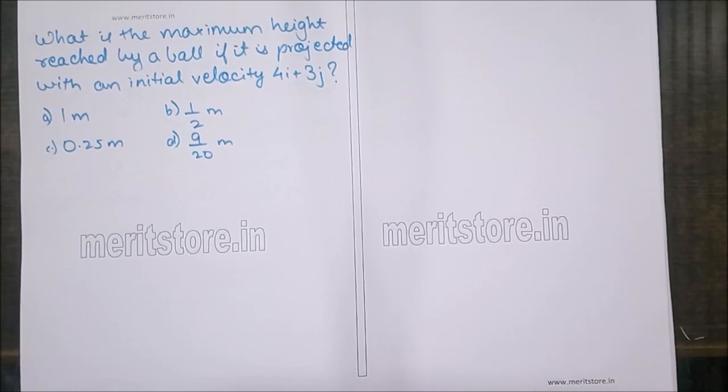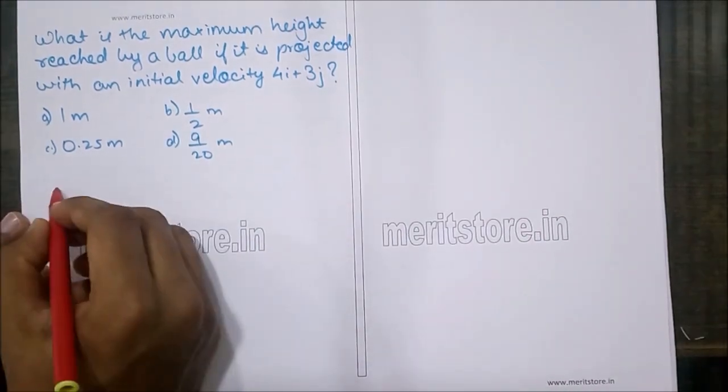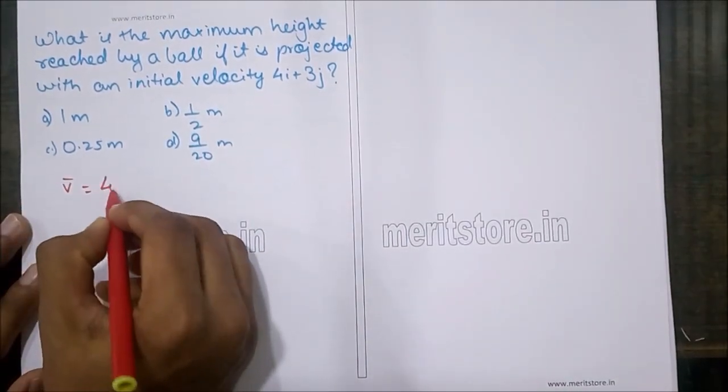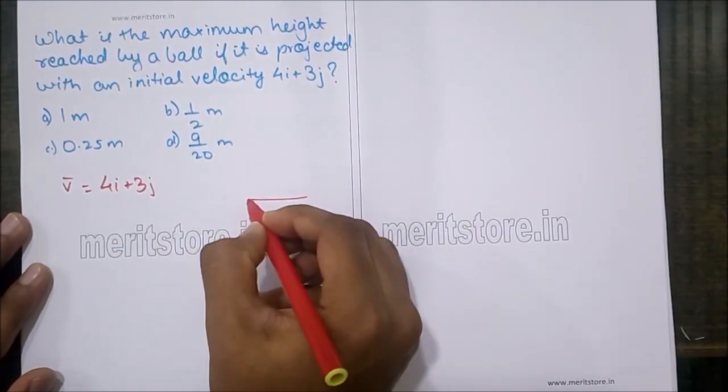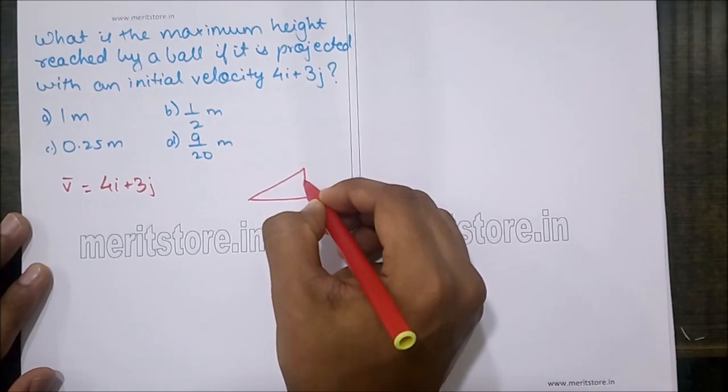What is the maximum height reached by a ball if it is projected with an initial velocity 4i plus 3j? The options given are 1 meter, half meter, 0.25 meters, and 9 by 20 meters. Now V bar is given as 4i plus 3j. Let us draw the vector triangle for this.